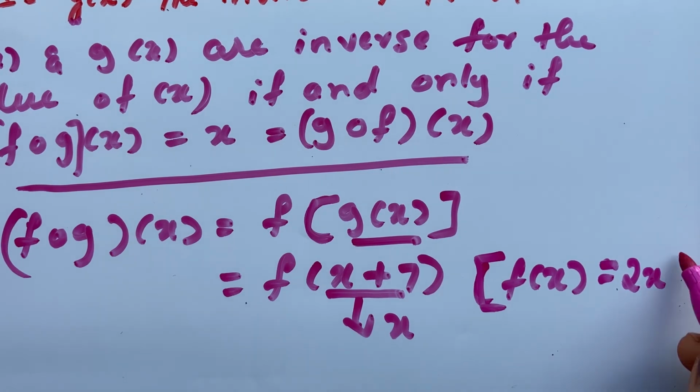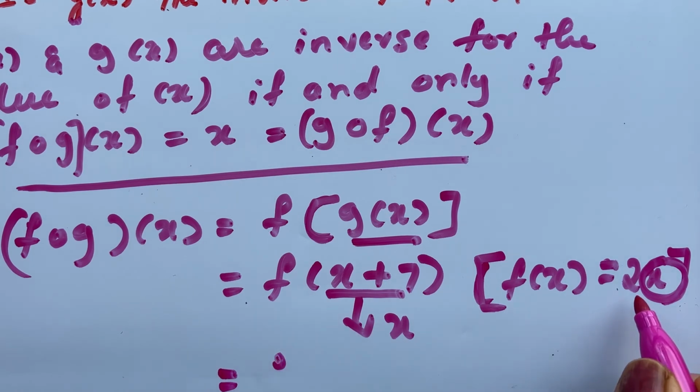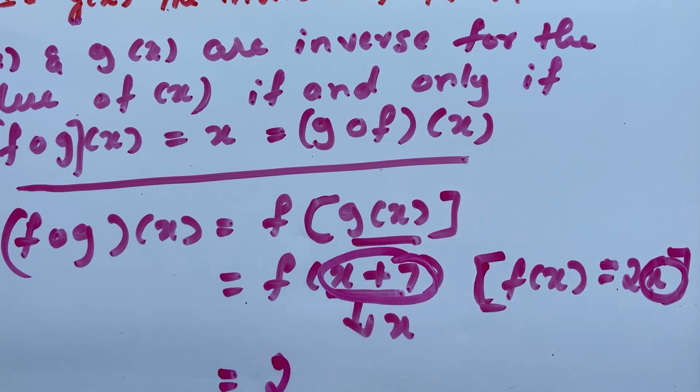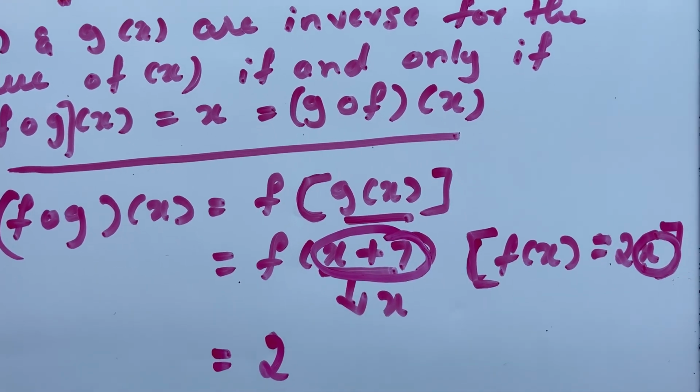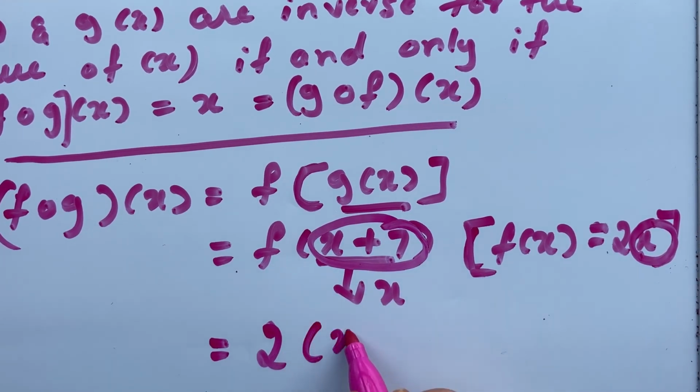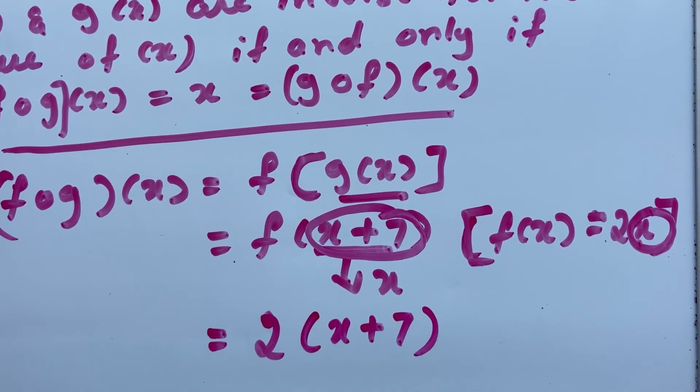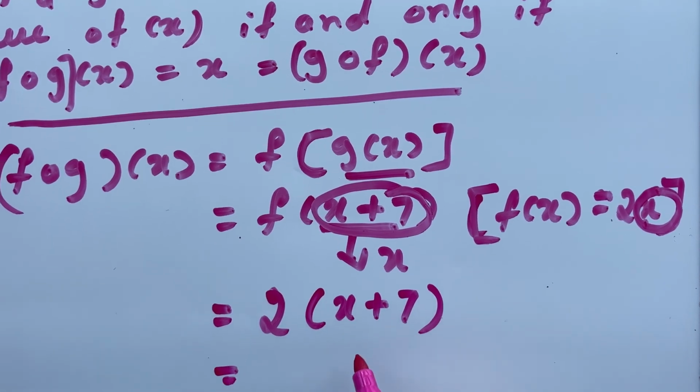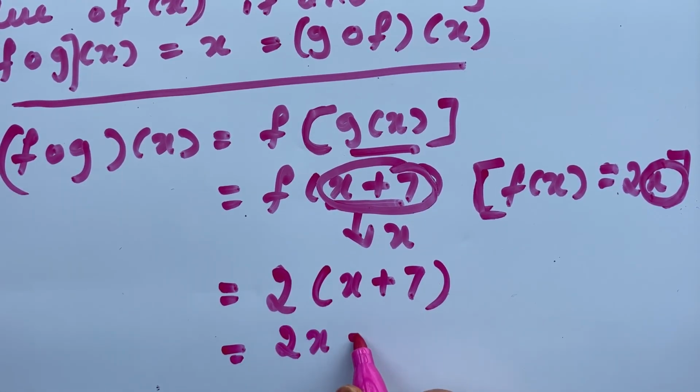F of x is given as 2x, so in place of x you have to replace x plus 7. So 2 times x plus 7, which is nothing but 2x plus 2 times 7, 14.